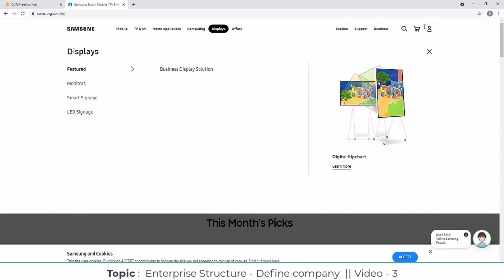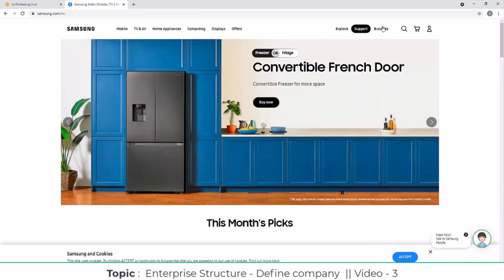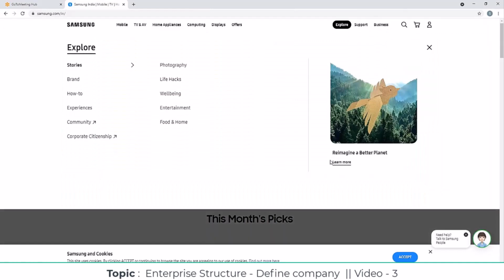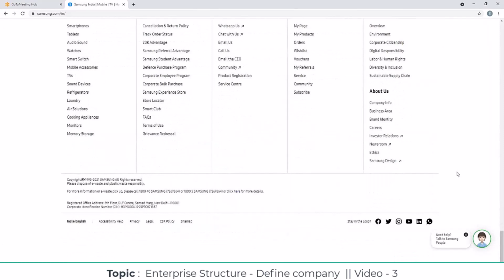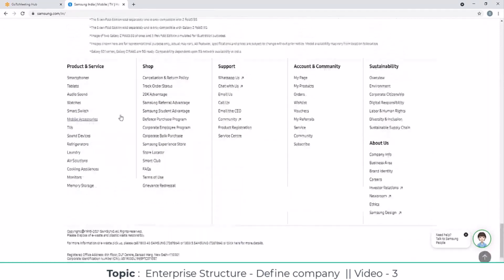And if you want to explore all the things, like where exactly the stores are, all that information is also available over here itself. These are all the product ranges, products and services.